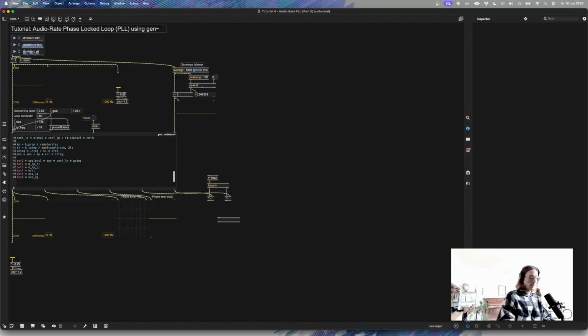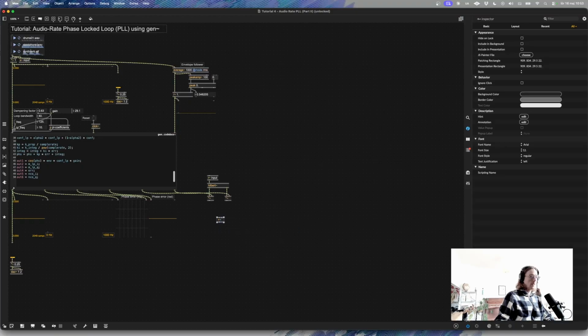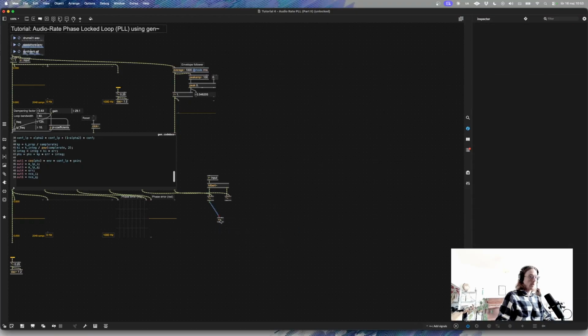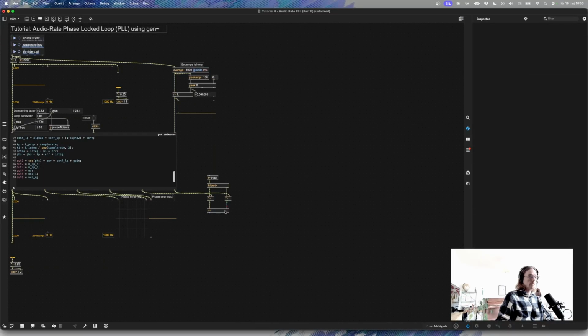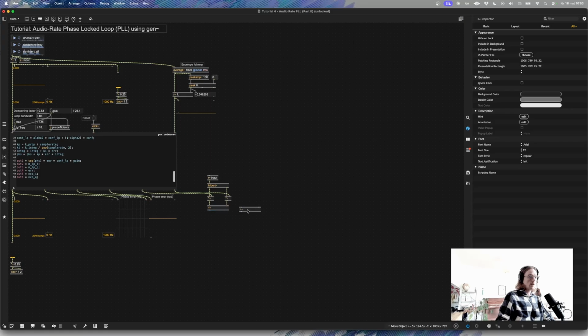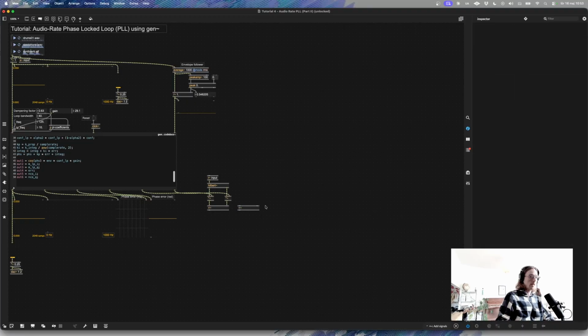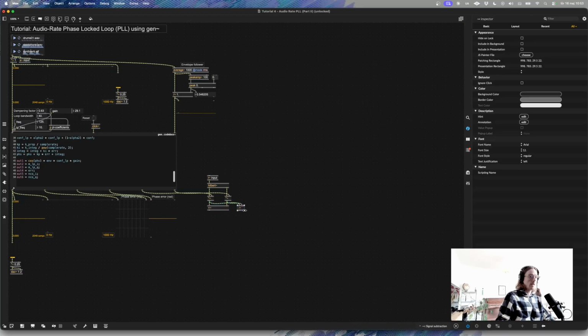Then the frequency shifting works as follows: we add these two together to create the negative sideband, as it's called. So this is pitching down, and if we subtract, we create the positive sideband, so pitching up.